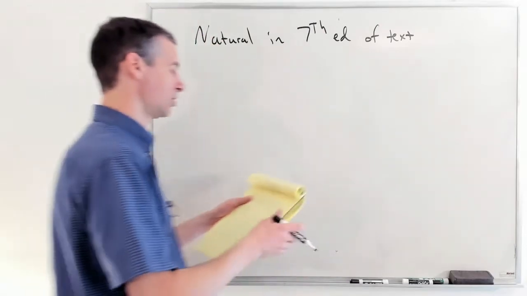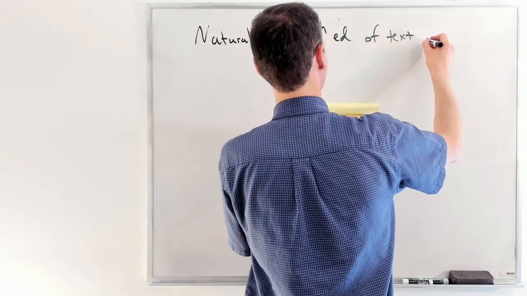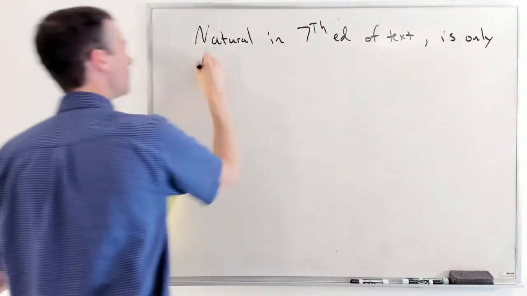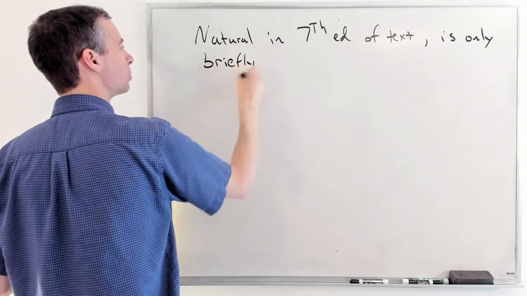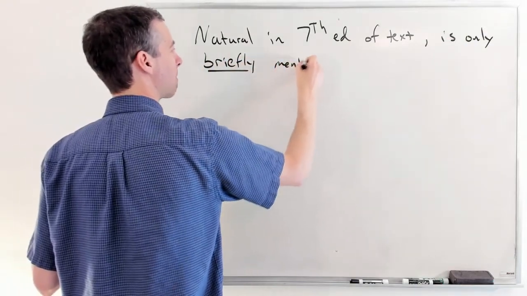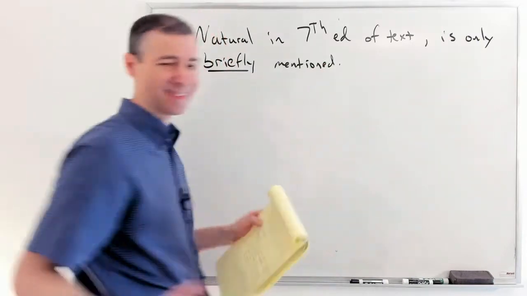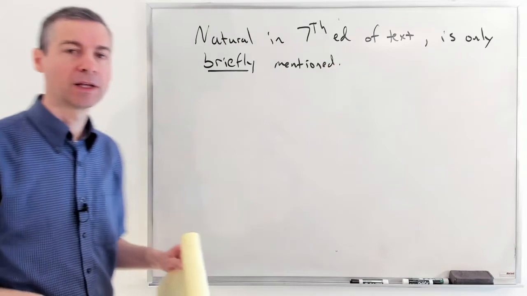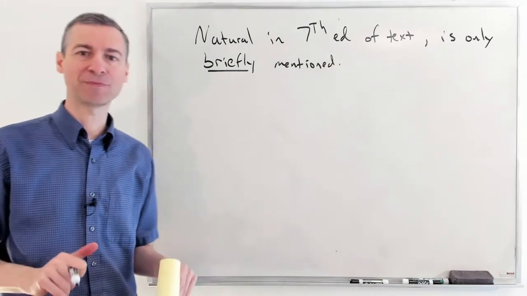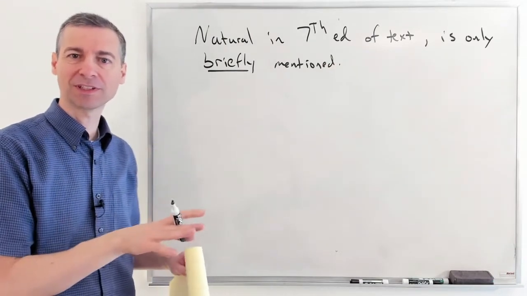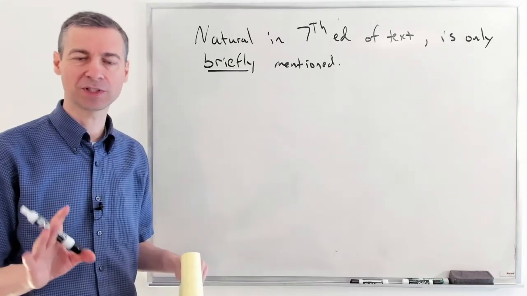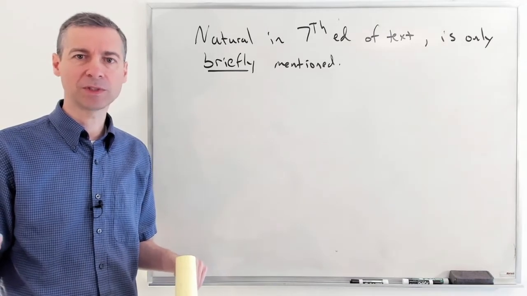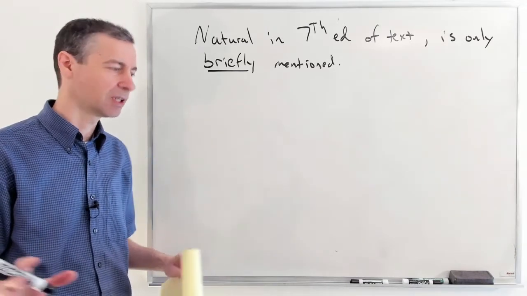But the 7th edition of the text, you really have to look to find it, only briefly mentions it. And in fact, it's mentioned basically with a caution. And I wholeheartedly agree with the book in that. That's a really nice revision they've made going from the 6th edition to the 7th edition, which is let's basically stop dealing with and talking about the natural join.